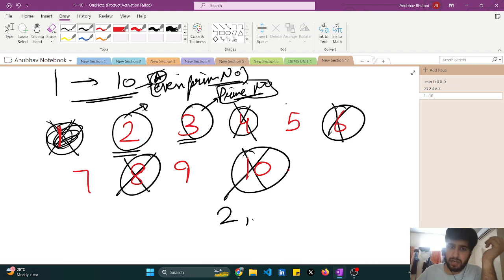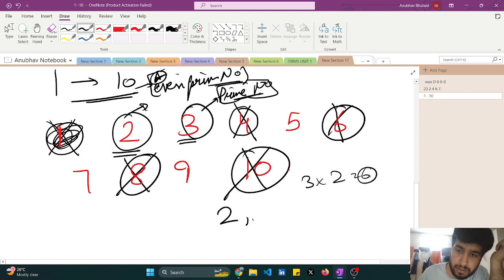So 3 into 2 is 6. Okay, I'm not going to cancel this element. Why am I not canceling this? Because if this number had been divisible by any other number before that, it would have been cancelled till now.